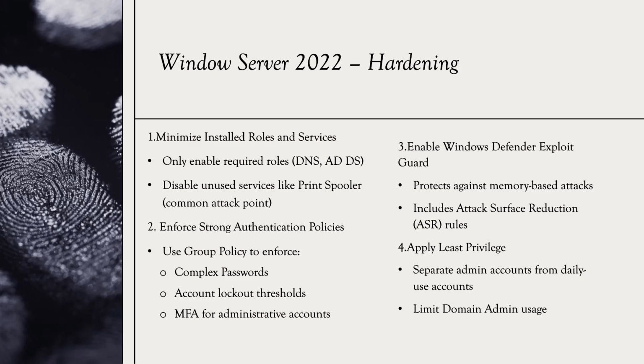Strong authentication policies are enforced through group policy, including password complexity and account lockout settings. Windows Defender Exploit Guard provides additional protection against memory-based attacks, and least privilege is applied by separating administrative accounts from daily use accounts. Hardening is important because many real-world attacks exploit default settings or unnecessary services.